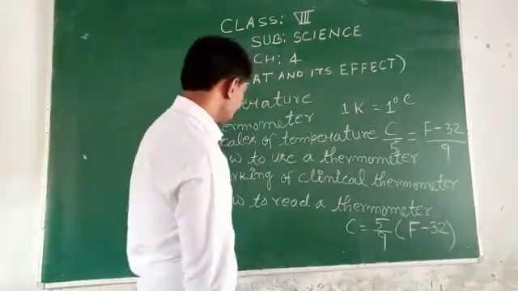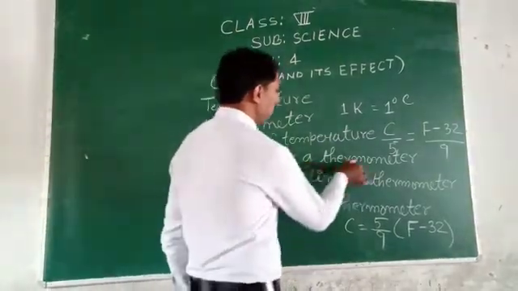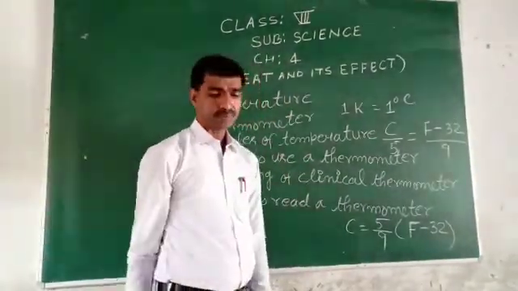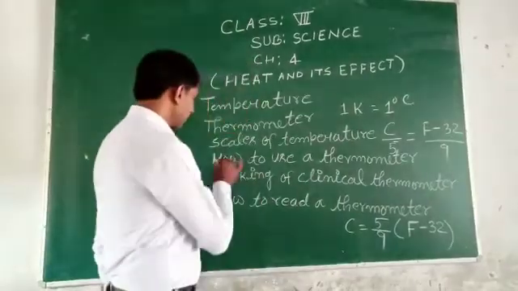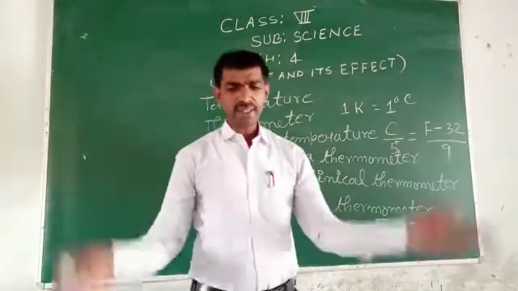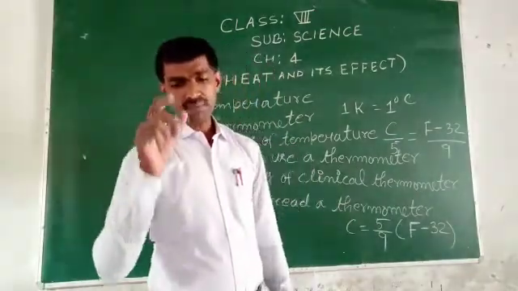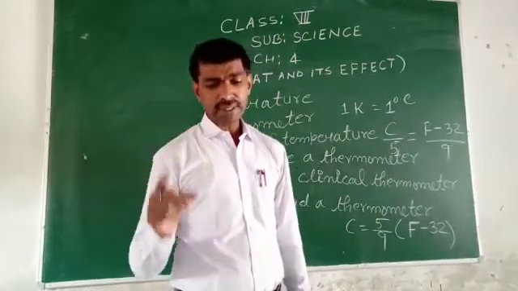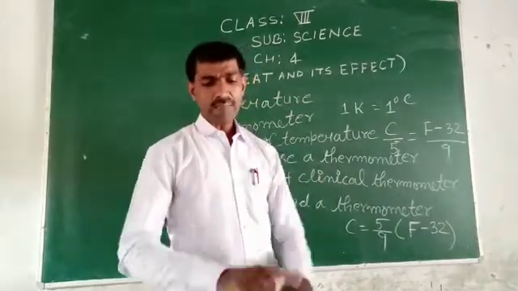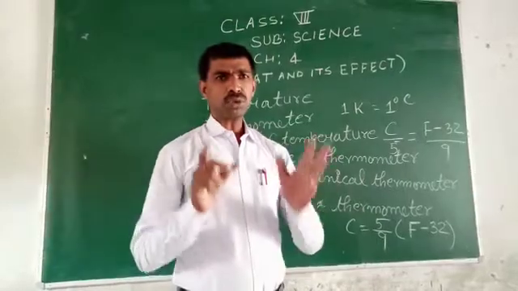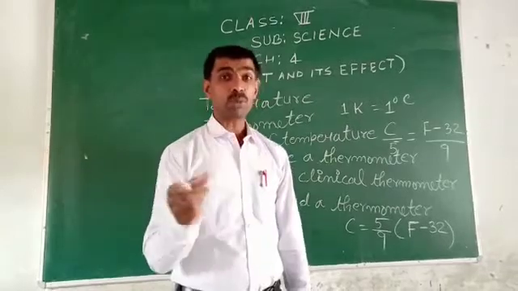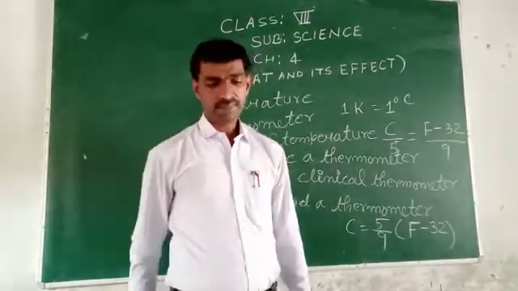Now I am going to tell you how to use a thermometer. To use a thermometer, place its bulb in contact with the object whose temperature is to be measured.